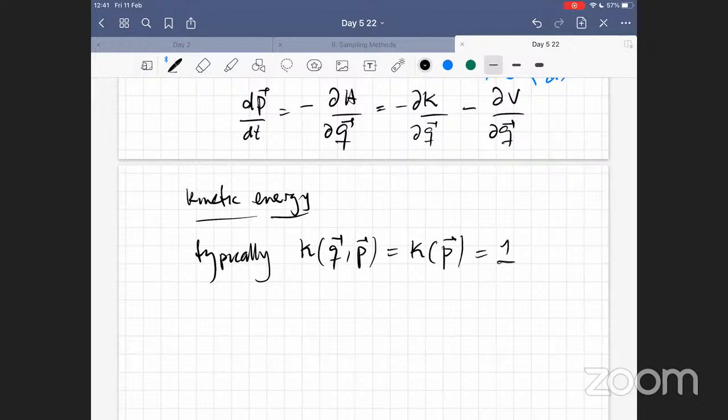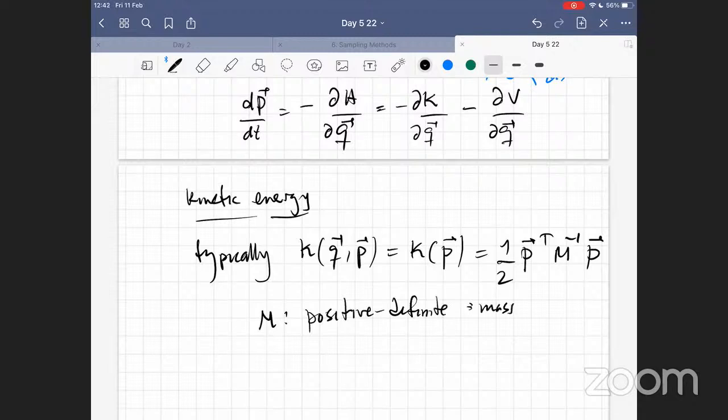And in general, it's chosen to have the form of a kinetic energy with some, let's say, associated mass M. So M here is a positive definite mass matrix in a way.